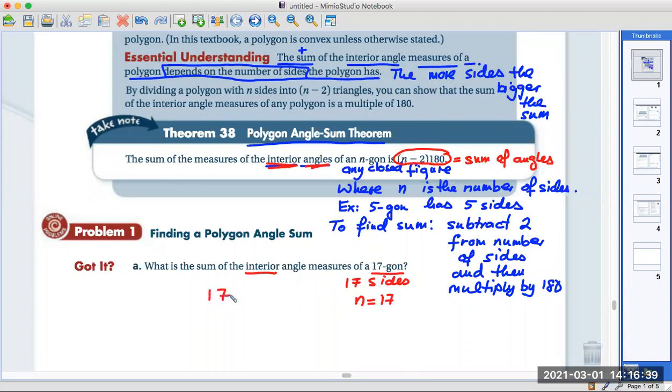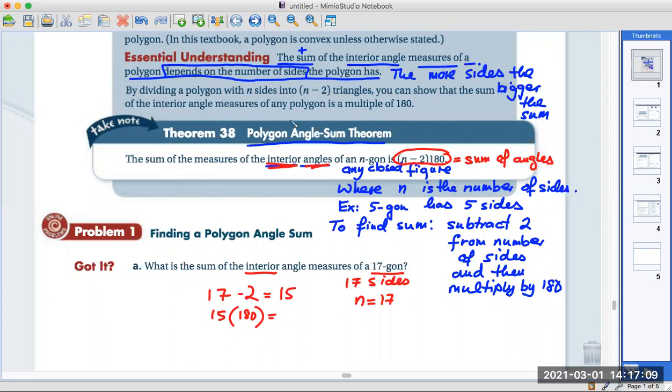So 17, subtract 2, is 15. Subtract 2 from the number of sides, 17 sides, and then multiply by 180. So 15, use a calculator, try it yourself. 15 times 180, pause the video and do it, because you're going to have to do it later and you'll be confused.